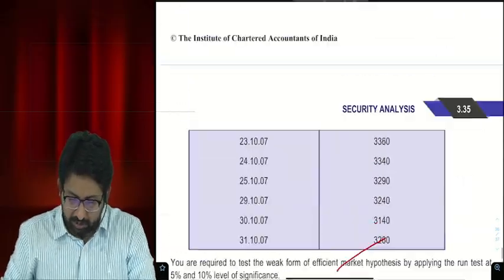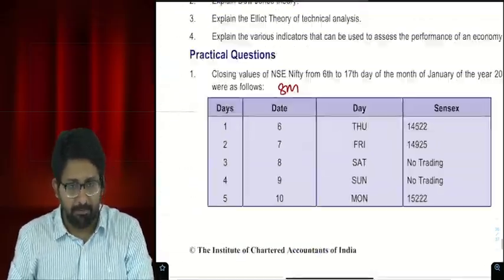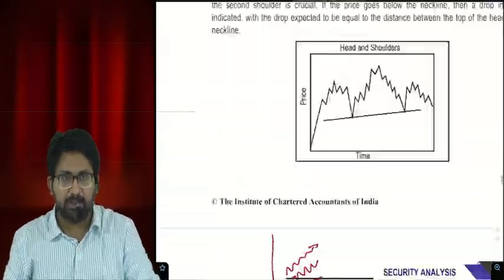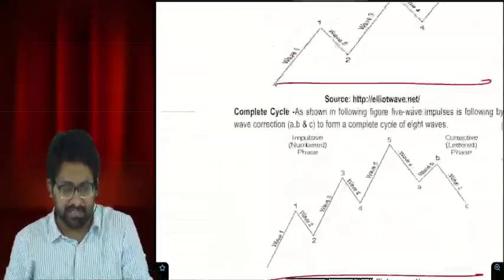So understanding the bullish market and bearish market, how they work, all these things we will see. Our chapter is security analysis and dividends impact.